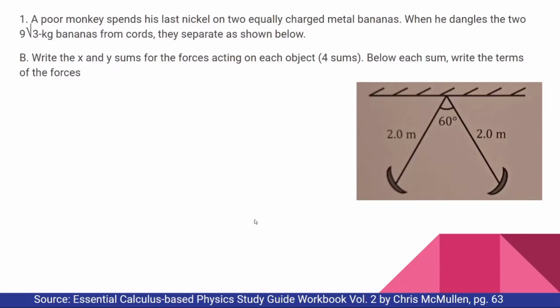Below each sum, write the terms of the forces. We know that if we were to cut the 60 in half, we would end up with 30 degrees on this side and 30 degrees on this side. So for our left one, we have the tension from here being at 30 degrees.